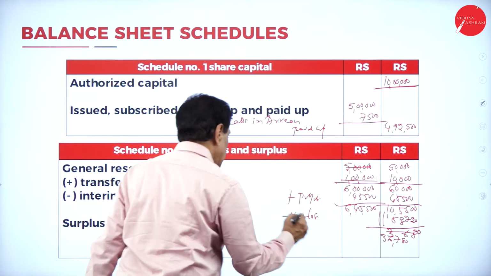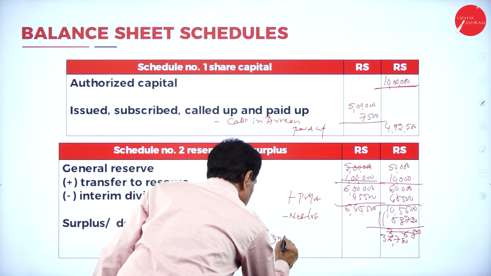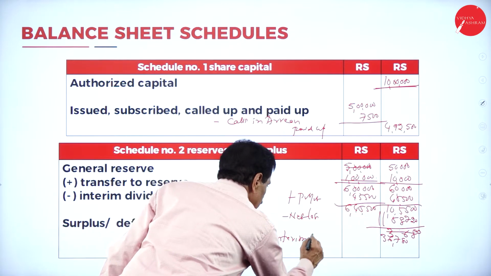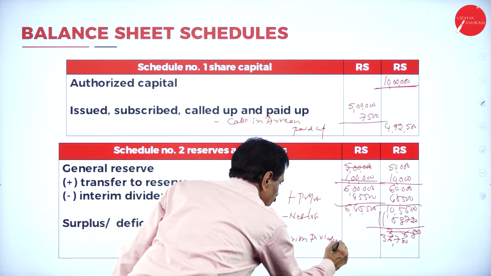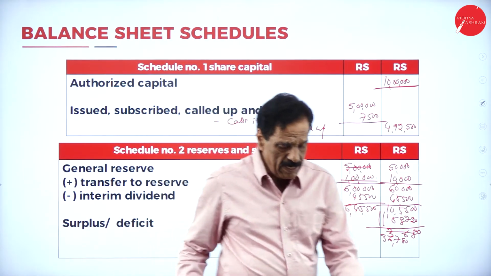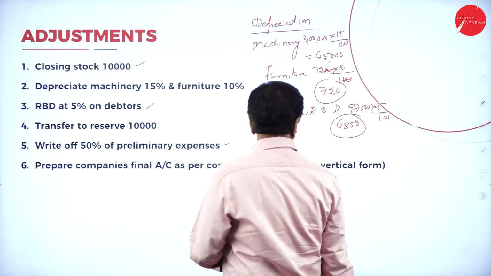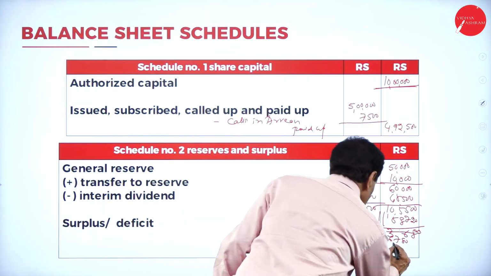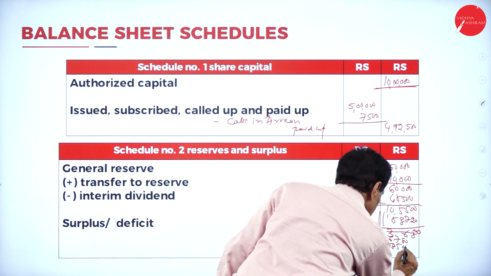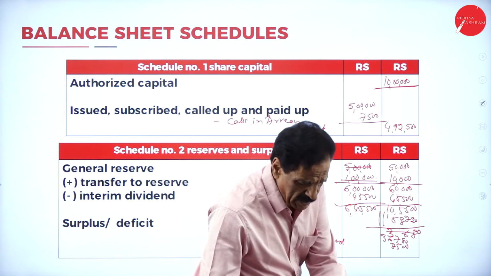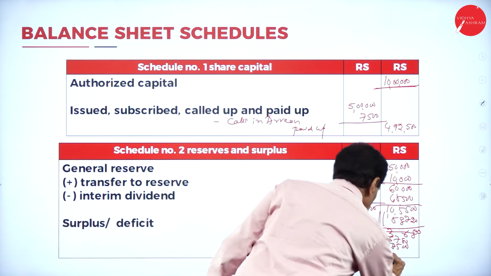36,780 minus interim dividend 7,500. If we take 36,780, it is 29,280.